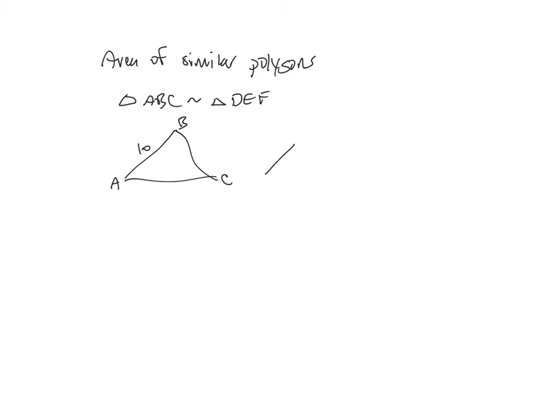It just depends on what it's going to tell you. So on this one, it's saying the area of this first triangle, ABC, is 36. And it wants you to find the area of the other one, DEF.